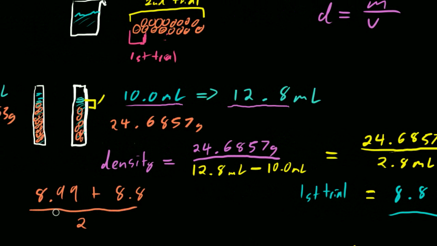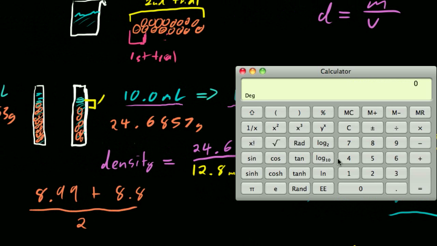I'm just averaging these two different values that we got for our two trials. So I'll go ahead and get the calculator. We have 8.99 plus 8.8, divide that by 2, and we get 8.90 for our average density. Just write that down.